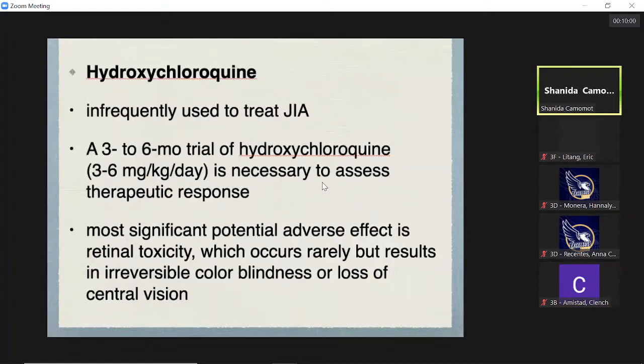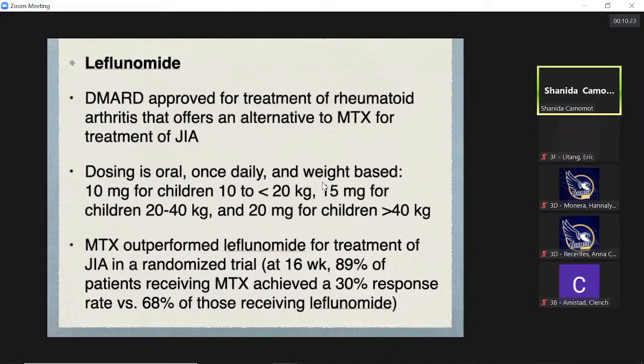A 3 to 6 month trial of hydroxychloroquine is necessary to assess therapeutic response. The most significant potential adverse effect of hydroxychloroquine is retinal toxicity, which results in irreversible color blindness or loss of central vision.